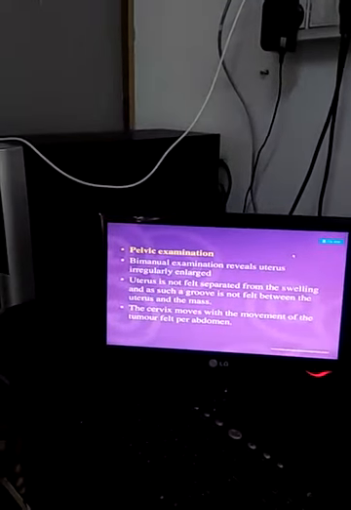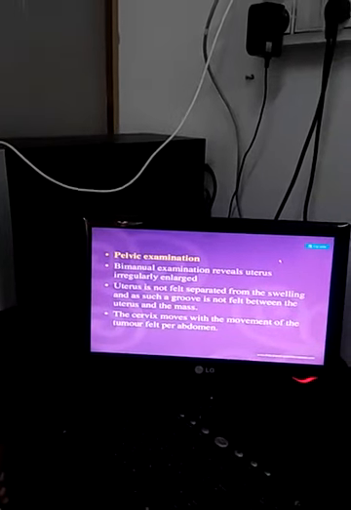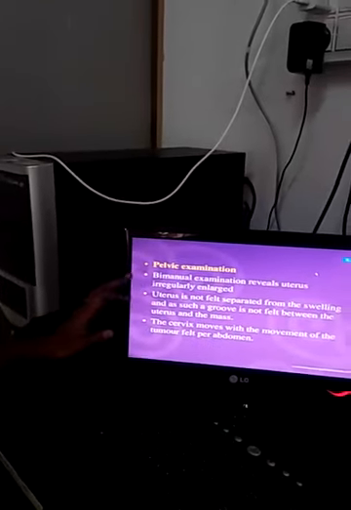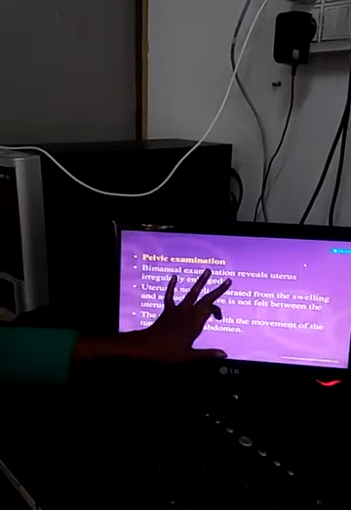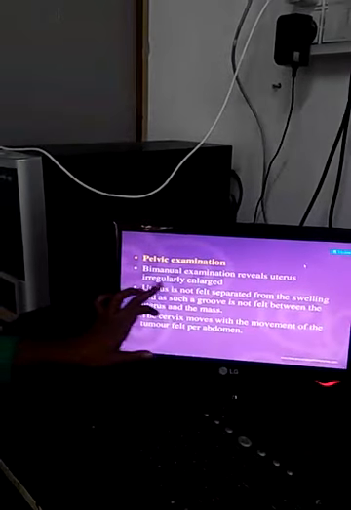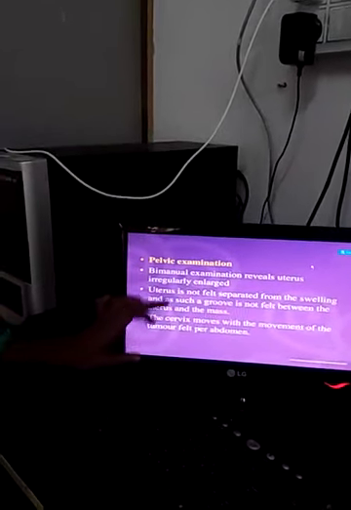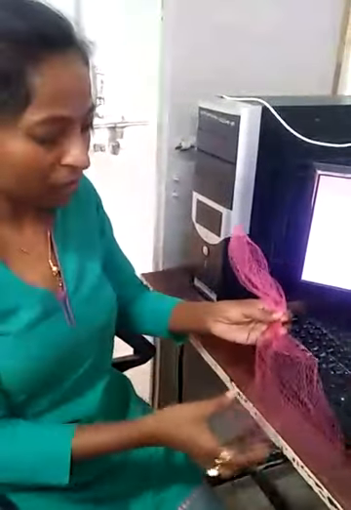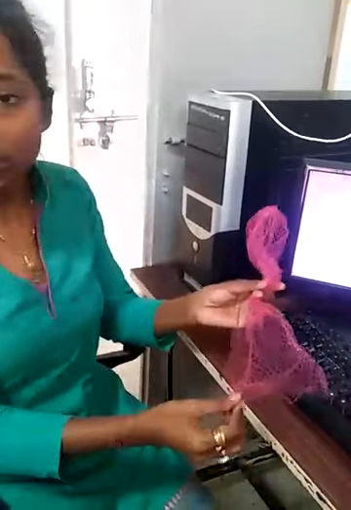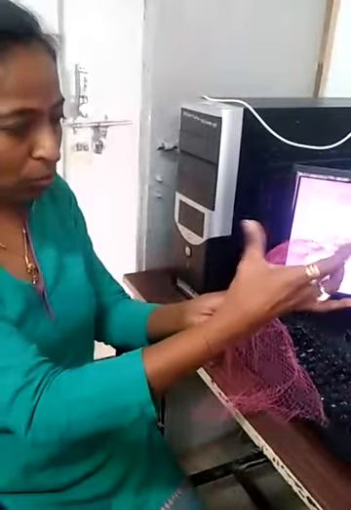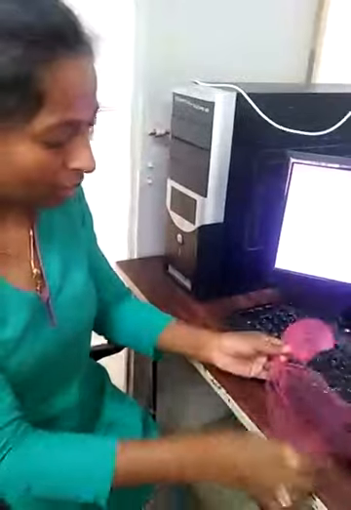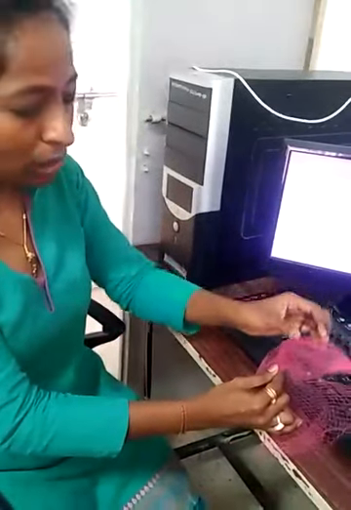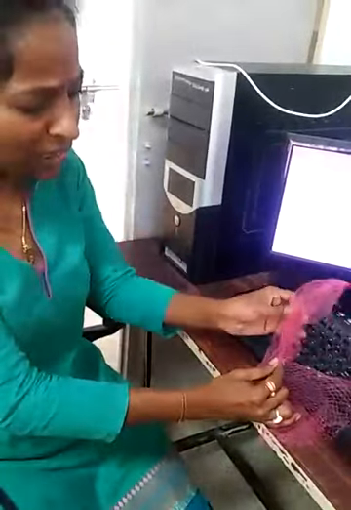Second, we have to do the pelvic examination. In the pelvic examination, bimanual examination reveals the uterus is irregularly enlarged. During the per vaginal examination, we know this is the normal position, fundus of the uterus, body of the uterus, and if there is any growth, for example subserous, it can be present anywhere.